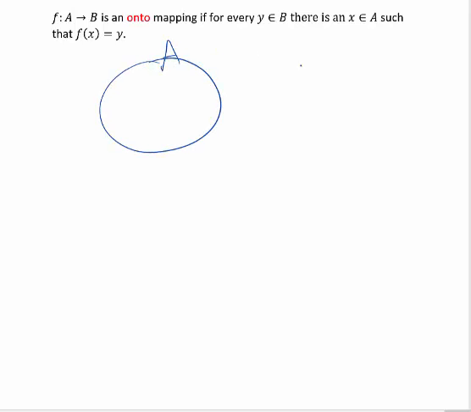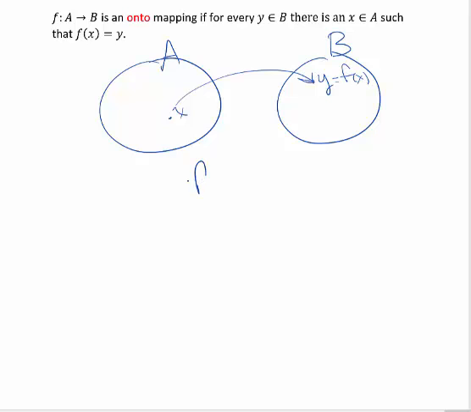A and B, and in order to be onto, we have to be able to pick any y in B and find an x in A that maps to it, f of x. In other words, all of B is hit by the mapping. In other words, f of A, that subset of B, is all of B. That's an onto mapping.